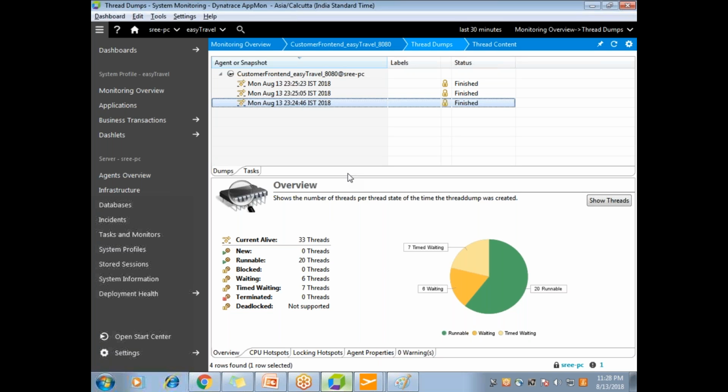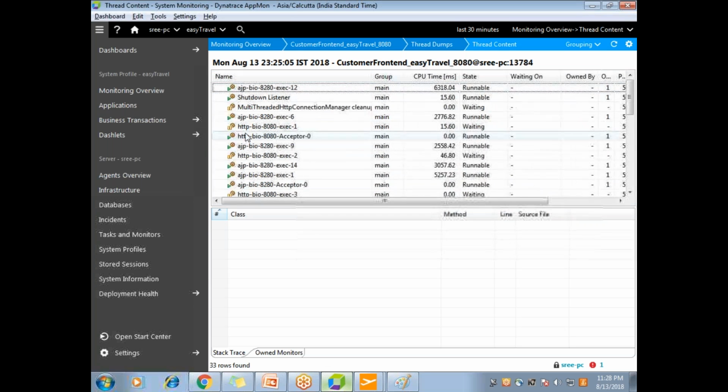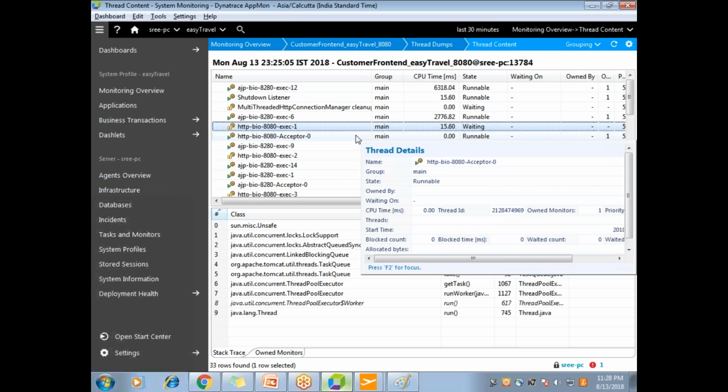You don't want the same threads to be blocked for a longer period of time. If the same threads are being blocked for a longer period of time, then definitely you should report those threads. Let's say this thread called http bio 8080 execute 1 is continuously blocked for a particular period of time. How do you know?